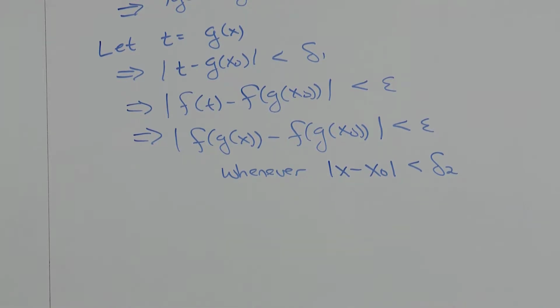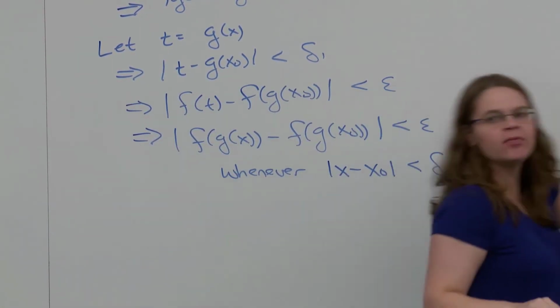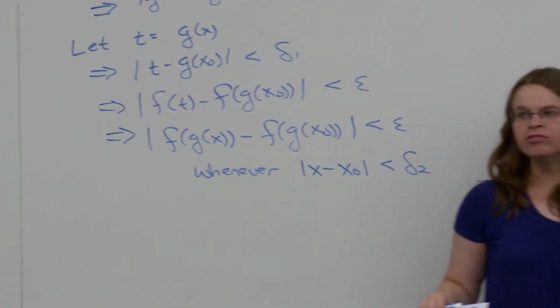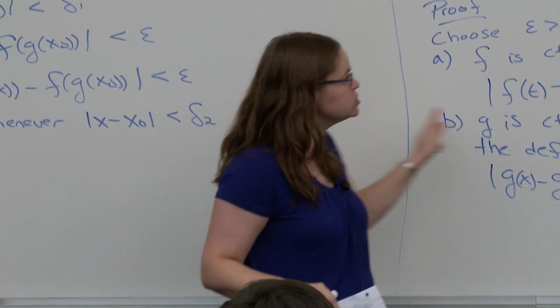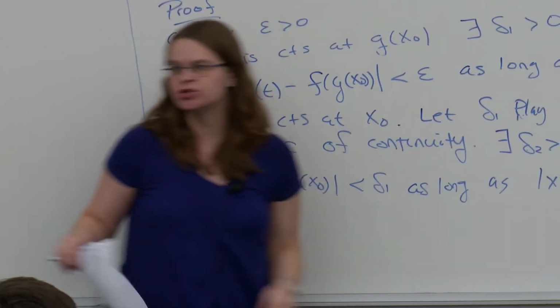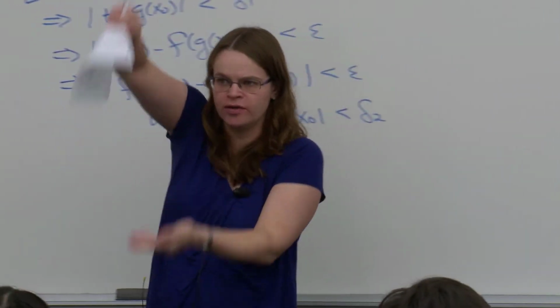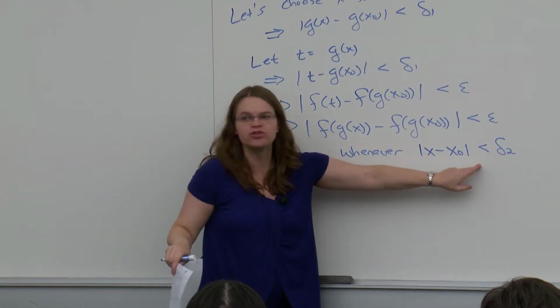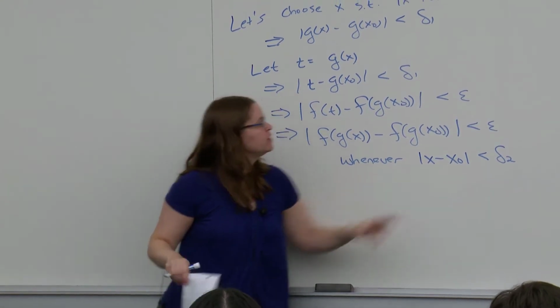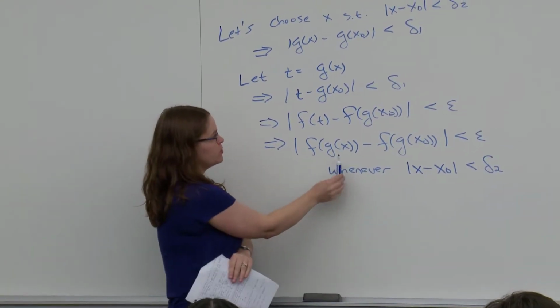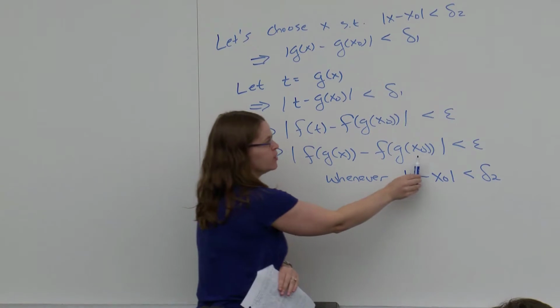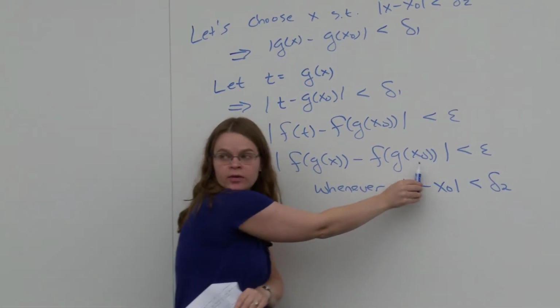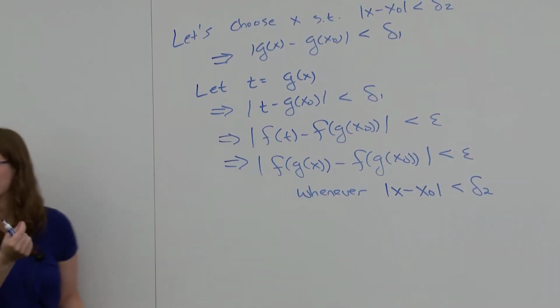Right, so what have I done? We started by saying, give me any epsilon you like. I don't care how small it is. We can construct this other number, this δ₂. So epsilon is usually our tolerance in the y direction. We can construct this tolerance for the x direction so that as long as we're within the tolerance, the value of the function never wanders more than epsilon away from its value at this point where we're checking continuity.